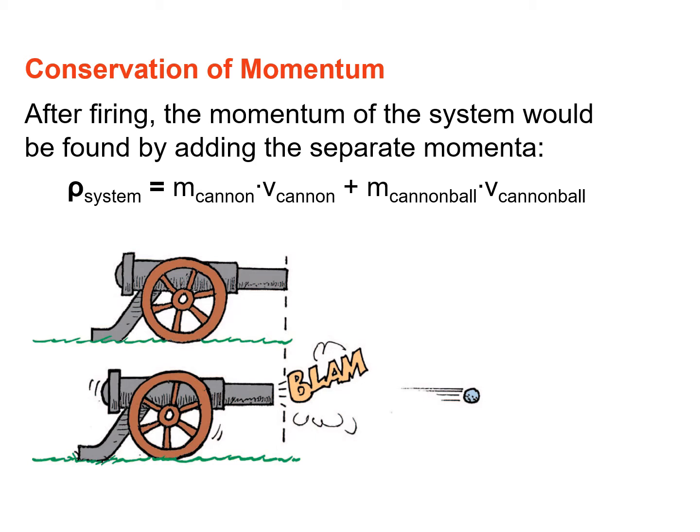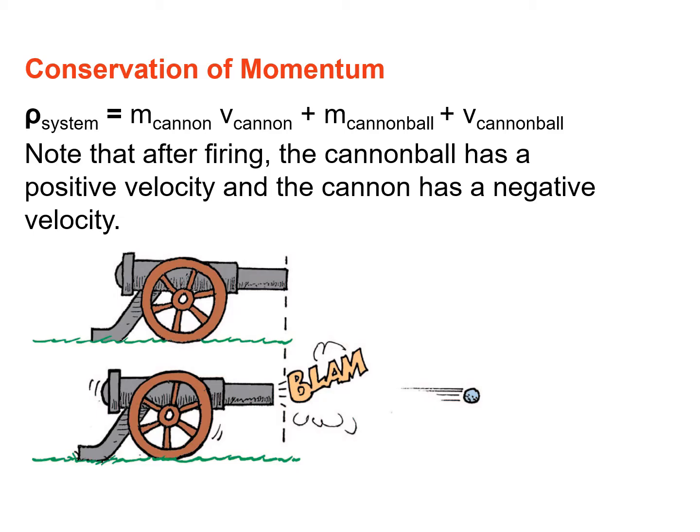So once you fire the cannonball, if we still consider them part of the same system, then you have to take the mass of each times the velocity of each and add them together to get the total momentum of the system. So the momentum of the system would be the mass of the cannon times the velocity of the cannon plus the mass of the cannonball times its velocity.